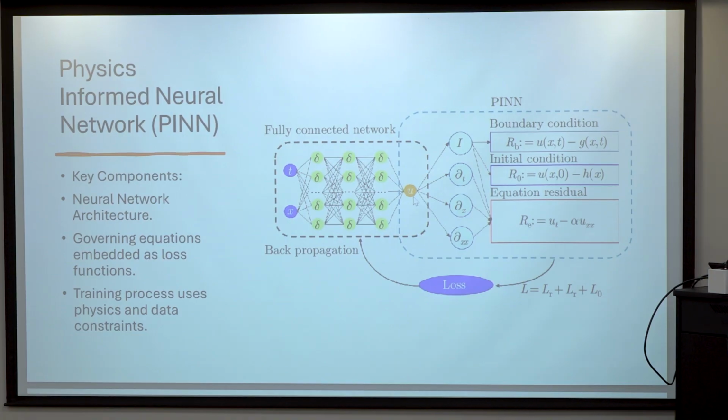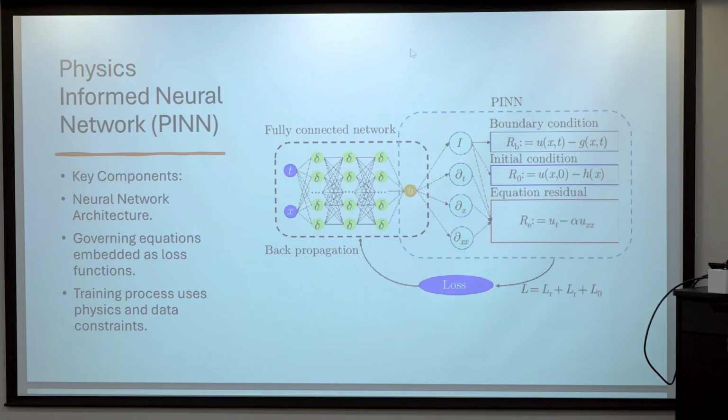Now, as we are integrating physics into here, we have the physical constraints. For example, they are like the heat equation or any partial differential equations, and also we are taking some initial conditions and boundary conditions there. So we are actually integrating this into the loss.